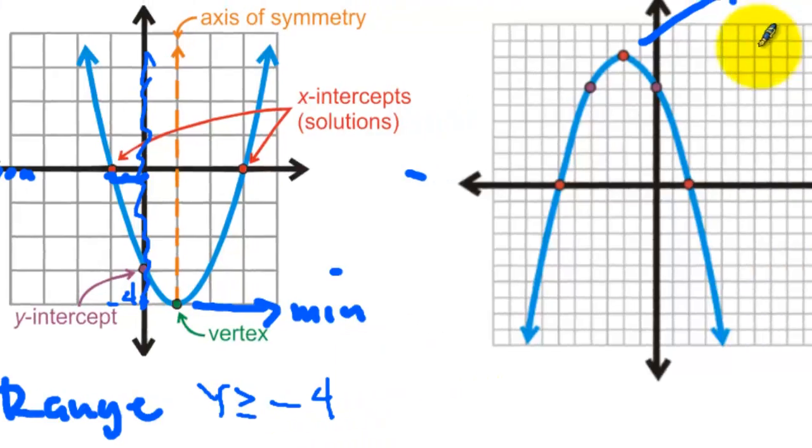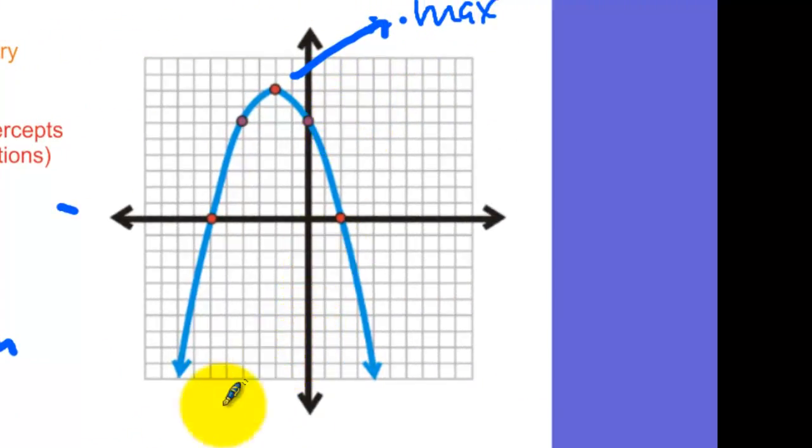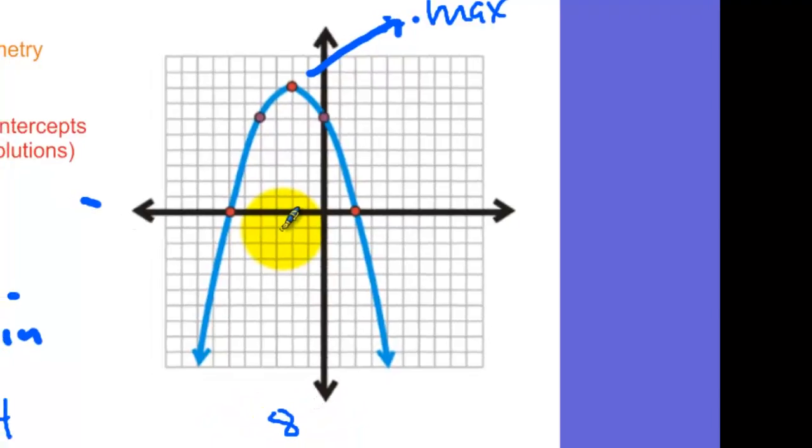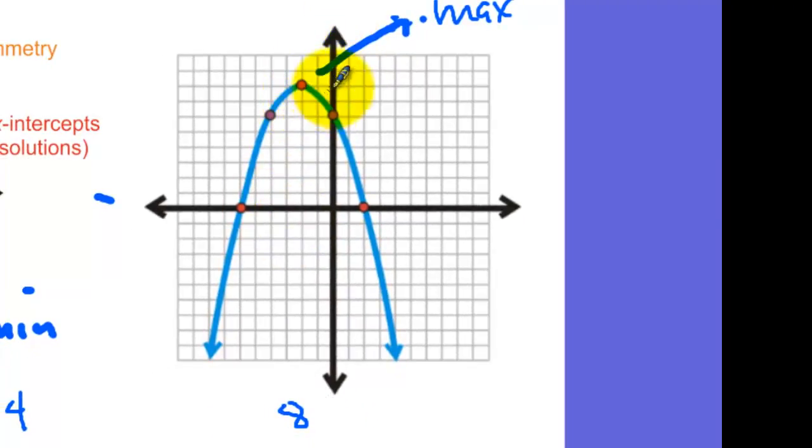Now if we have the maximum, we still have to find the y value on your vertex. So the y value here is 1, 2, 3, 4, 5, 6, 7, 8. But since the parabola is opening downwards, the shadow starts at 8 going to the negative infinity.